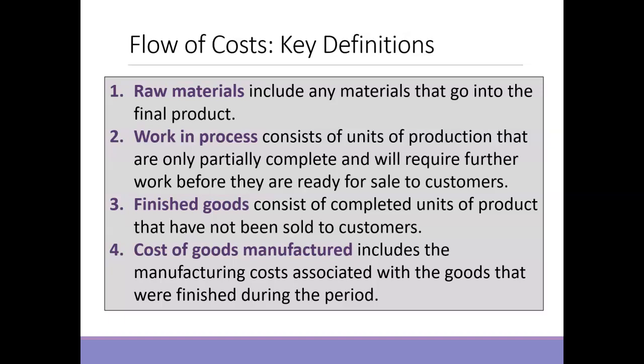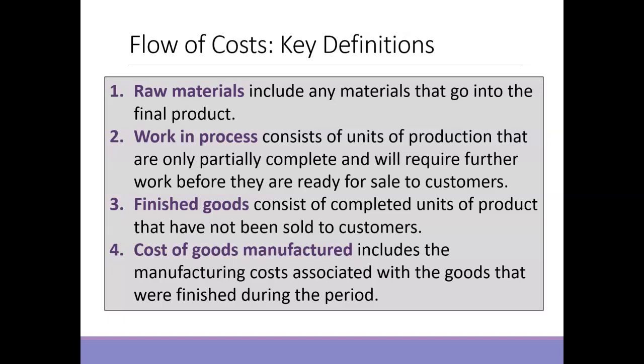Raw materials are the goods that are requisitioned from the warehouse in order to complete a project. The work in process is the product in process before it gets completed. Once a product is completed, it will go into still an inventory account, but an inventory called finished goods.